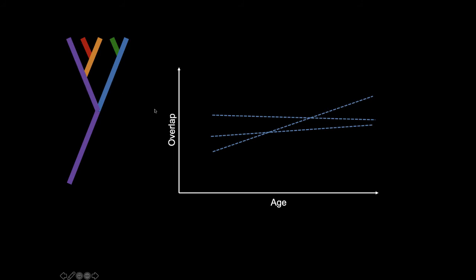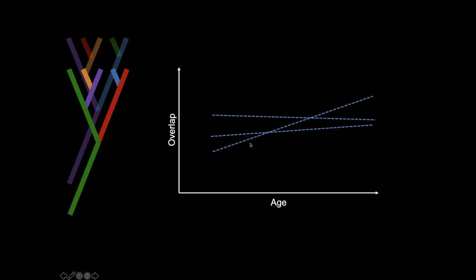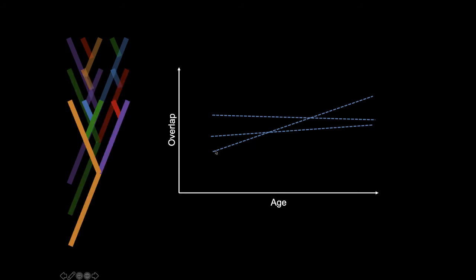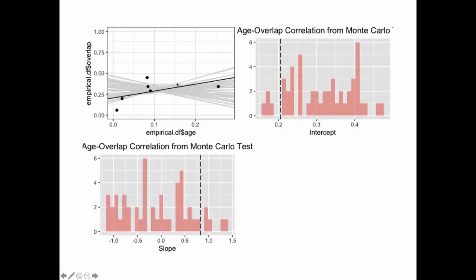And so this will be one of these slopes and intercepts, and this will be another one, and this will be another one. And so we compare our empirical slope and intercept. Here's a real analysis. We compare our empirical slope and intercept to a distribution, that's these gray lines here, of slopes and intercepts under the null hypothesis that there is no relationship between age and overlap that isn't induced by the topology of the tree.